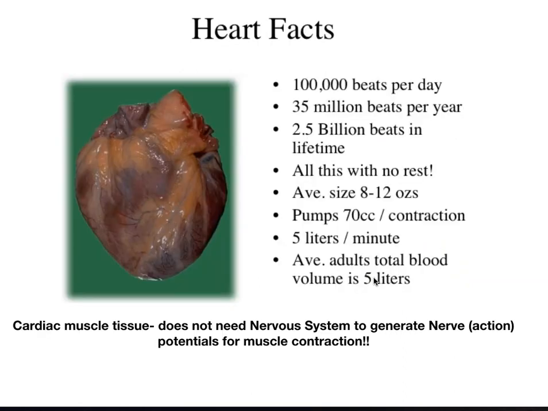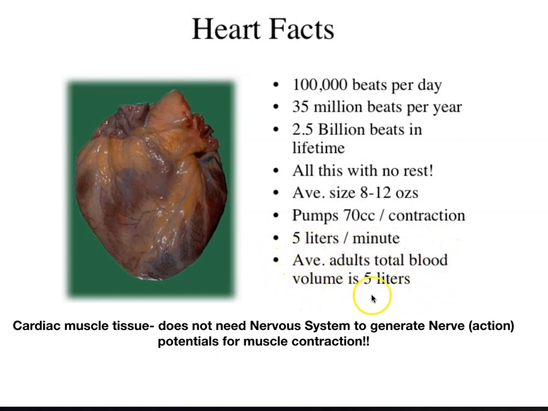So let's go back to this. That cardiac output is about 5 liters. Remember, 5,000 mLs is 5 liters. So why did I go through all that? Well, on average, the total blood volume in an adult is 5 liters.